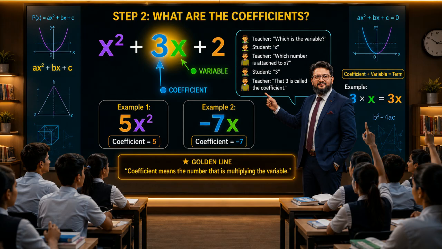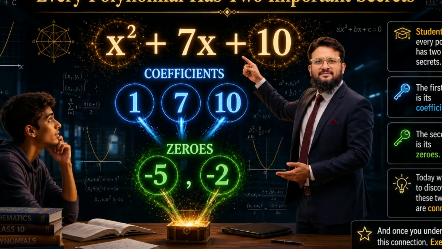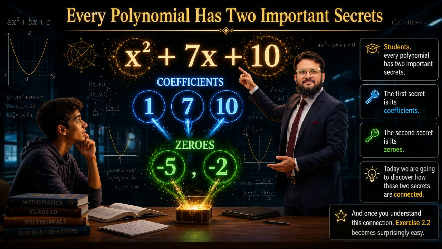Students, look carefully at this polynomial. x square plus 7x plus 10. This polynomial has two important secrets. The first secret is its coefficients. In this polynomial, the visible numbers are 1, 7 and 10. These are the coefficients.